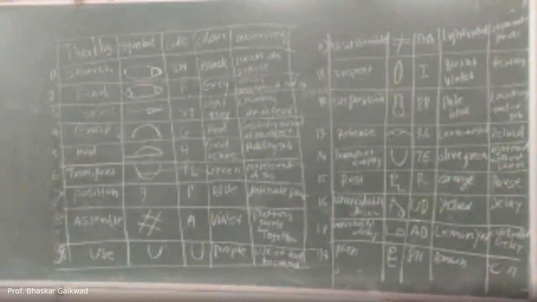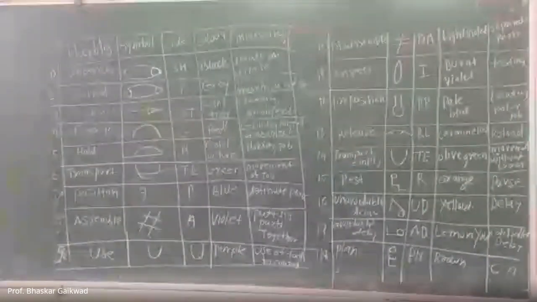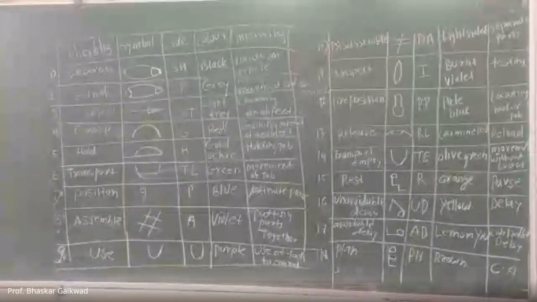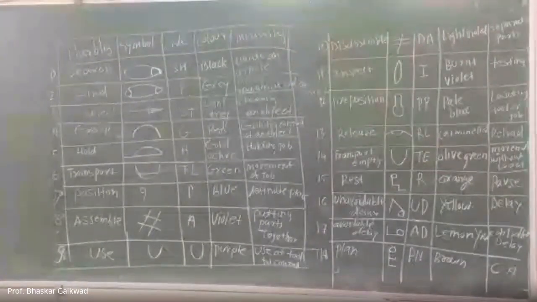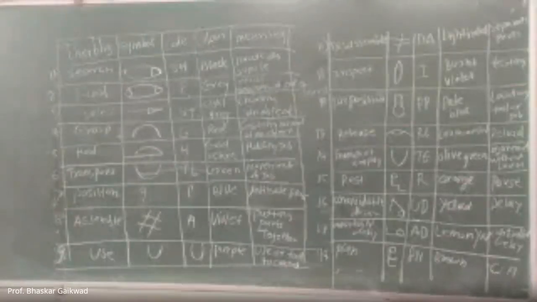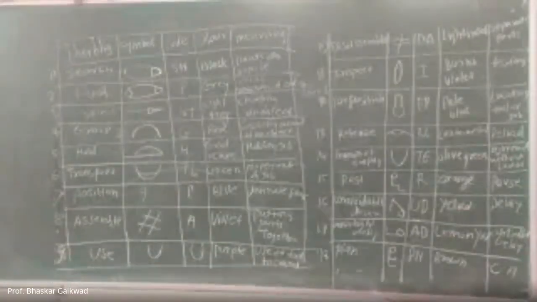So a fixed question related to therbligs will be there in your coming exams or in your GATE exams. You have to study these 18 thoroughly, with symbol, code, colors and meaning. Anyhow, you have to remember this chart.